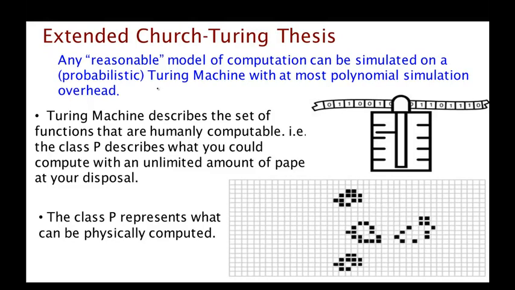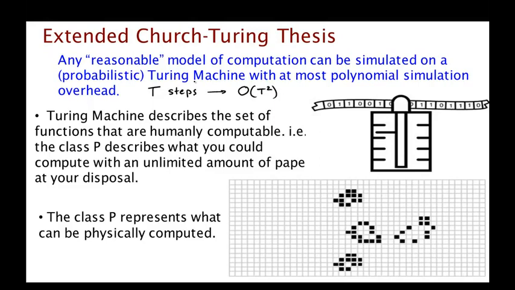It means, for example, that if you have a running time of t steps on some model of computation that you've invented, which you think is reasonable, meaning physically implementable in principle, then you can also run this algorithm, say in order t squared steps or some polynomial in t steps, on a Turing machine, on the simplest model.